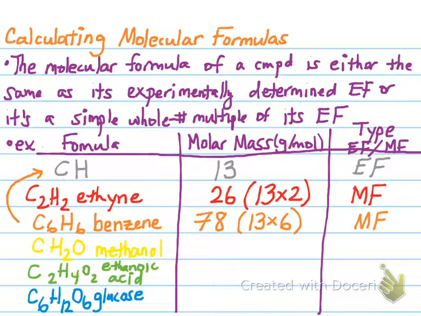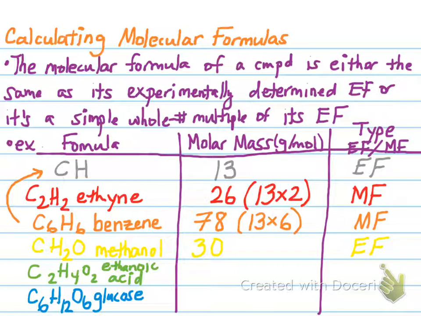For methanol, carbon is 12, hydrogens 1 apiece, oxygen we'll use 16, so we get a molar mass of 30 here. And this is, again, an empirical formula because 1 to 2 to 1 is my lowest whole number ratio.